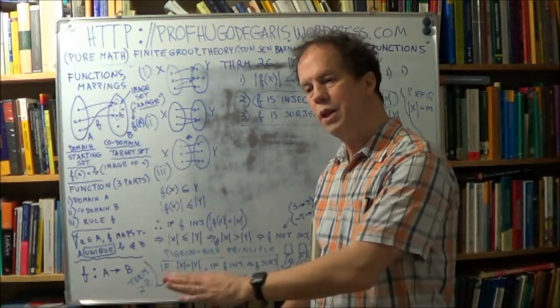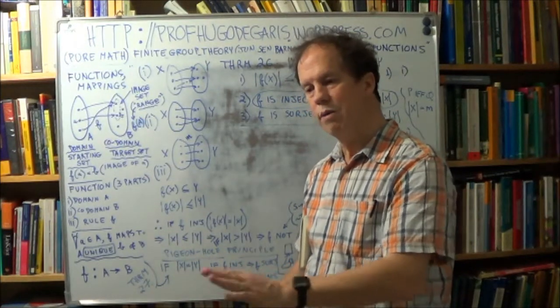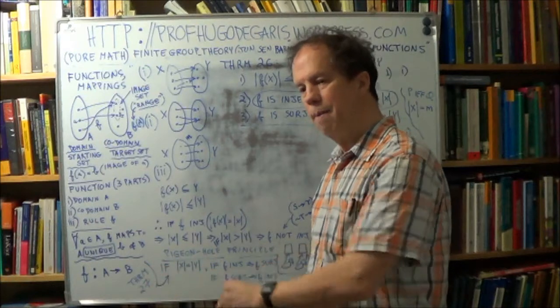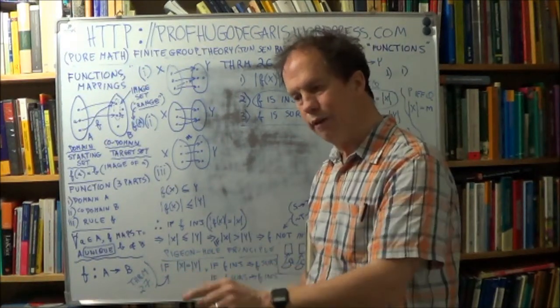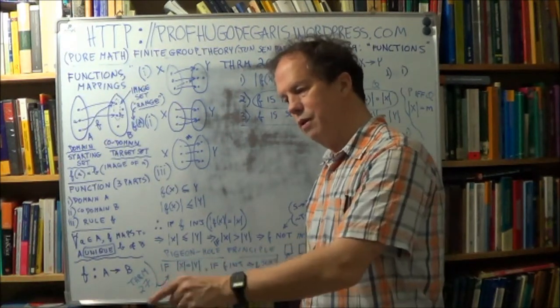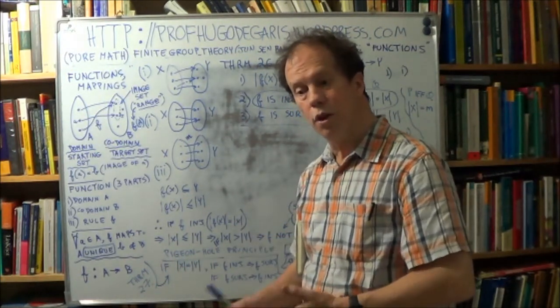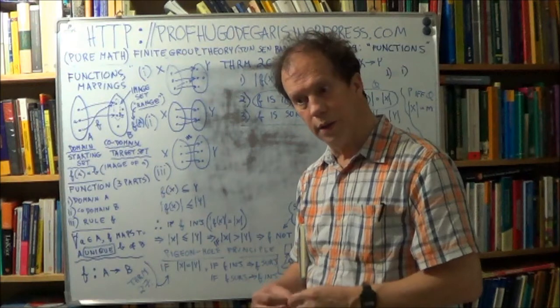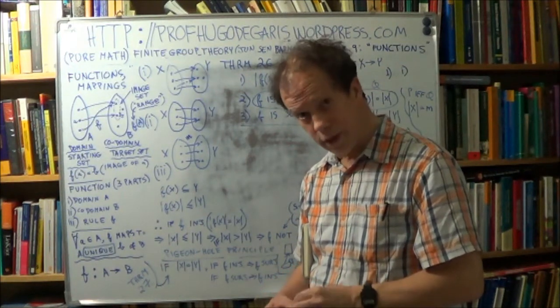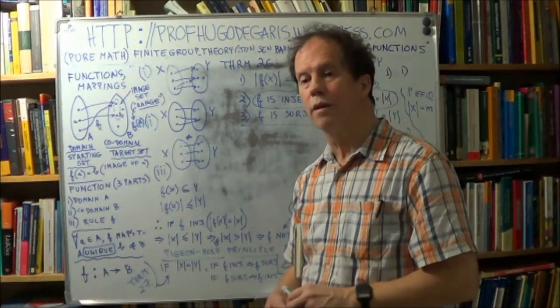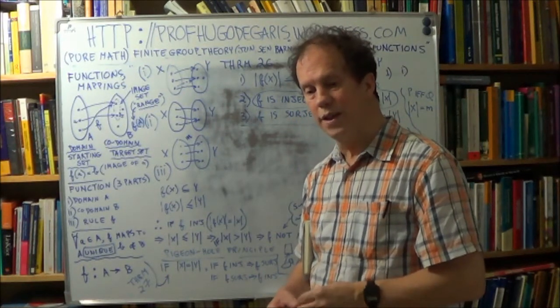Now if you have three mappings, say with 4 sets, A, B, C, D, so you have mapping f, mapping g, and then another mapping, then you can show those 3 mappings are associative. And there's a mapping that doesn't do anything. You could call that the identity mapping.